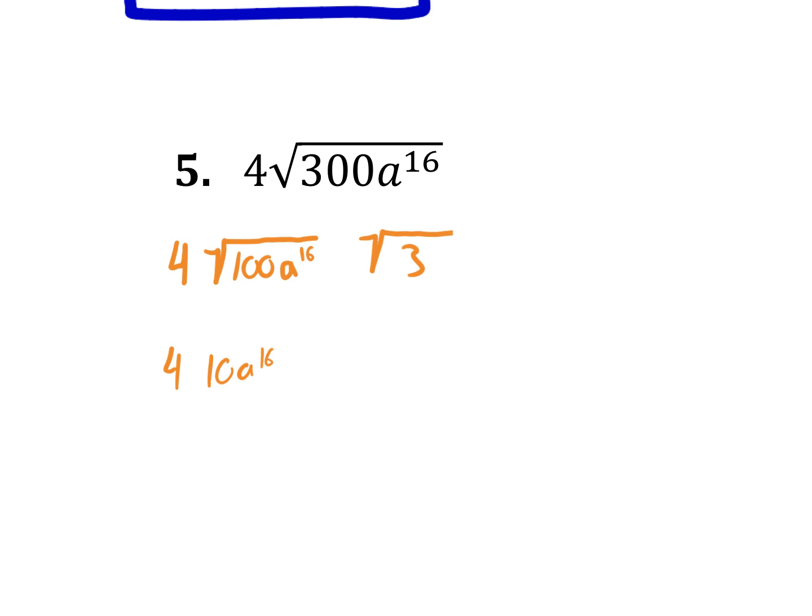So now you're actually taking the square root. What do you get? 16 divided by, what are you dividing by? 16 divided by 2. By 2. 8. Yes, it's a to the 8th. And then the 3 goes back in, and then that's your answer.